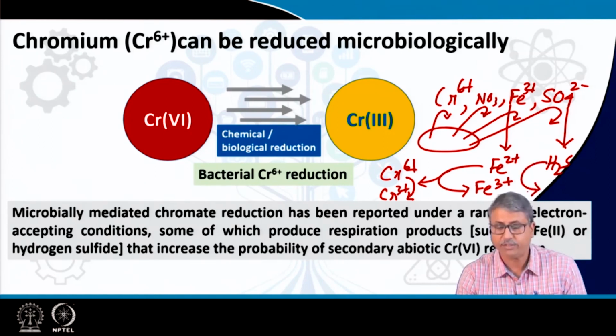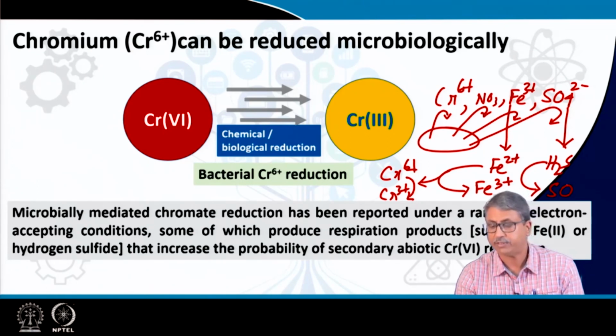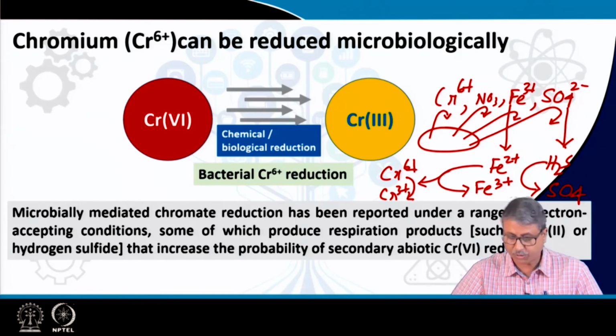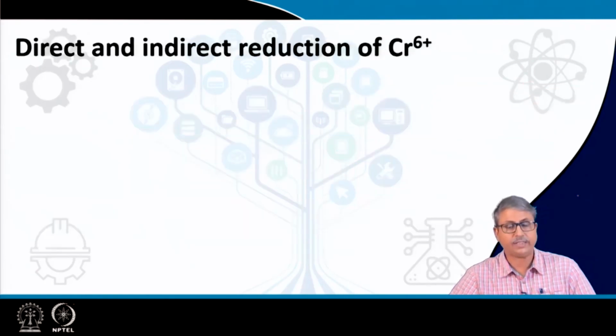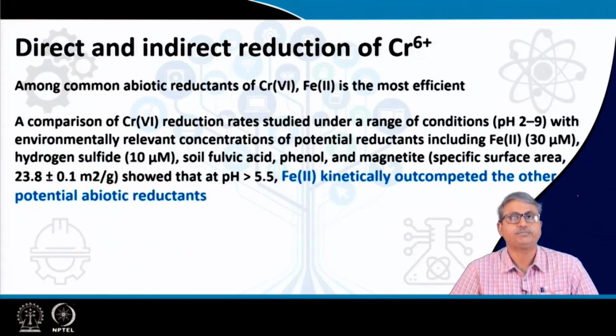H2S can aid in the reduction of chromium 6 to chromium 3, forming a sulphate. So, these are also possible. Direct reduction of the chromium is possible, as well as indirect reduction. Now, what are the direct and indirect?